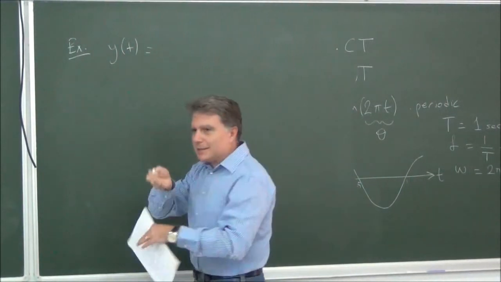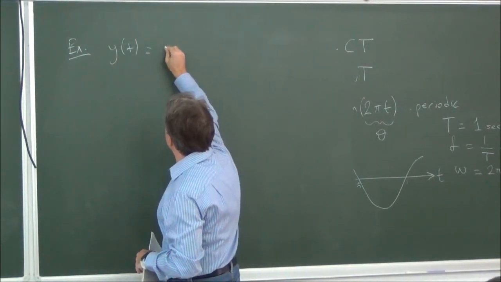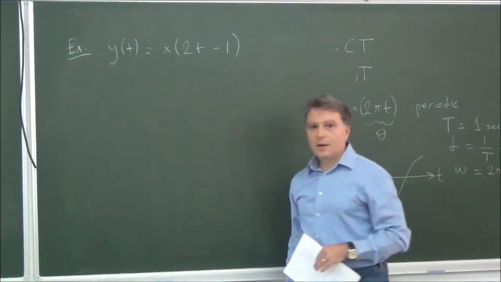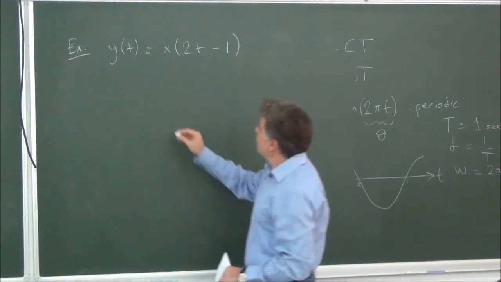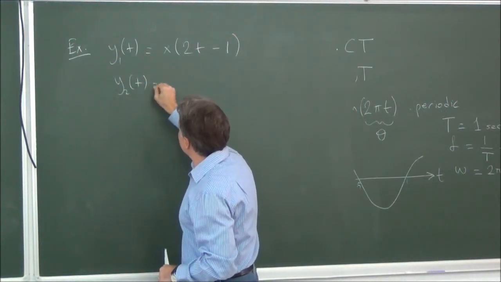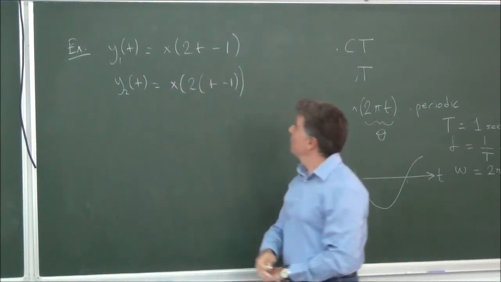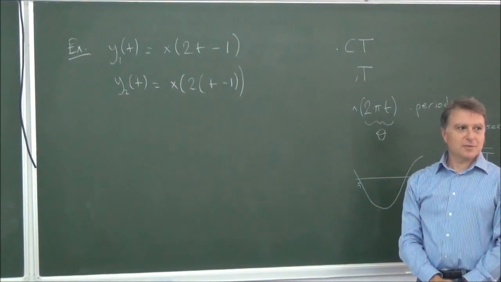But can you immediately tell me what this one looks like? And this is y1, let's say. What this one looks like? And these two are different, as you see.